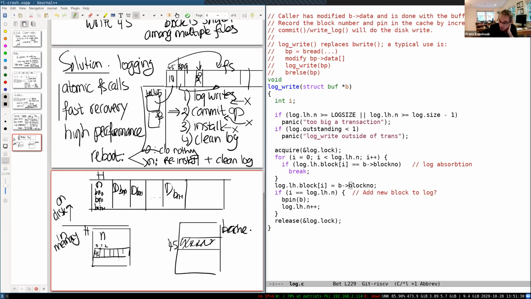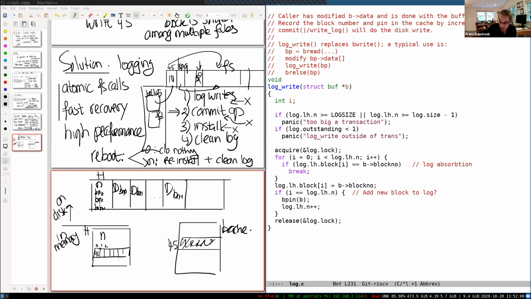If block 45 is not in the array of blocks that need to be written to disk yet, then the only thing this piece of code does is bump up n and stick the block number that needs to be written into that entry. The only other thing it does, and I'll talk about this later, is pin the block in the buffer cache.